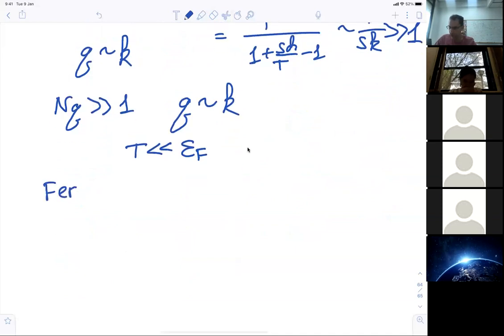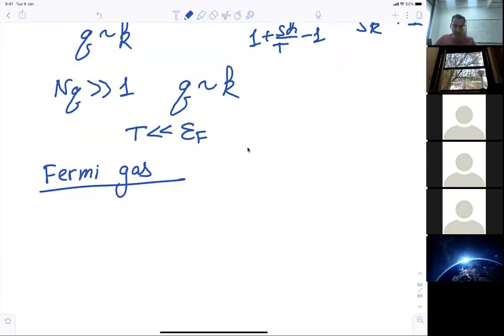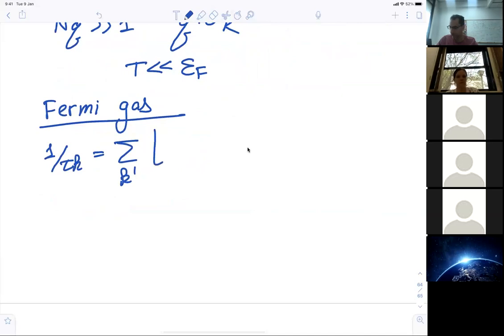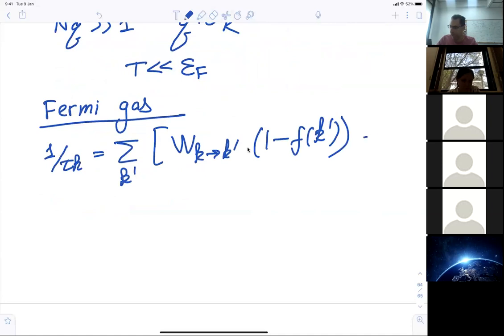Then we are in the Fermi gas. So what happens in the Fermi gas? Computations are essentially similar, but we need to remember about the Pauli exclusion principle. When we compute 1 over tau k, it will again be a sum over k prime of w k to k prime. But we need to remember that these are fermions, and the state k prime must be empty.